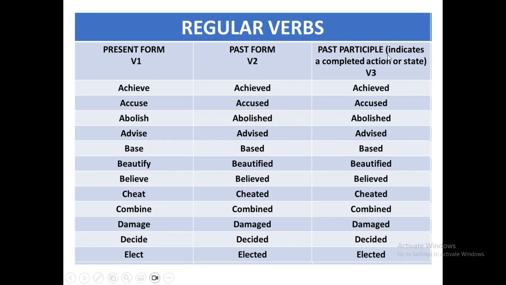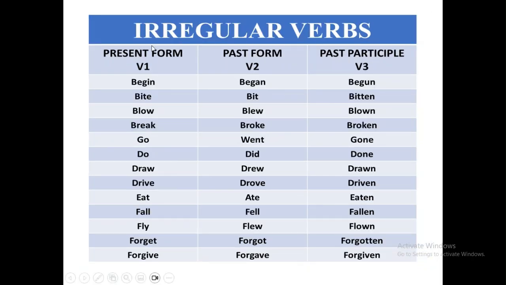And the past participle V3 we find in perfect tenses, that is present perfect, past perfect, and future perfect, and in the passive voices and indirect speeches.